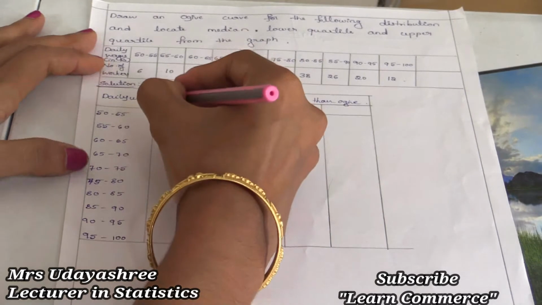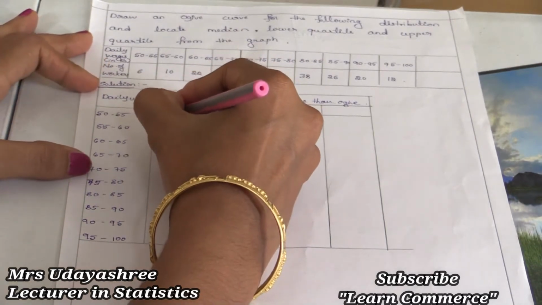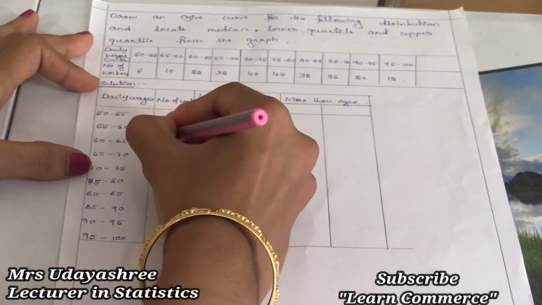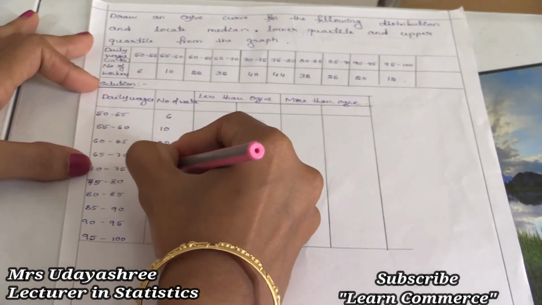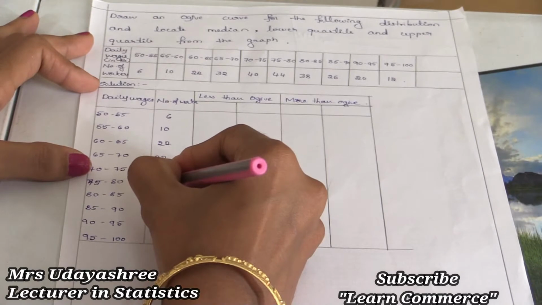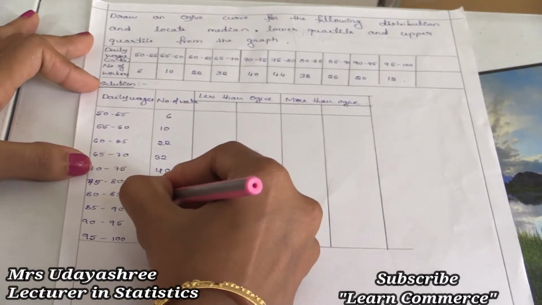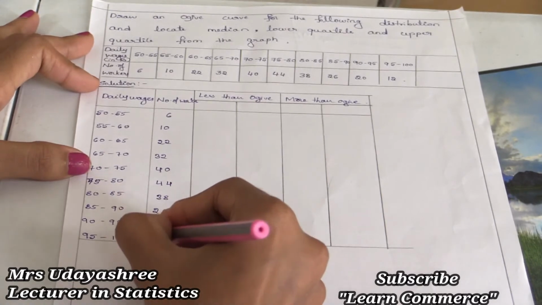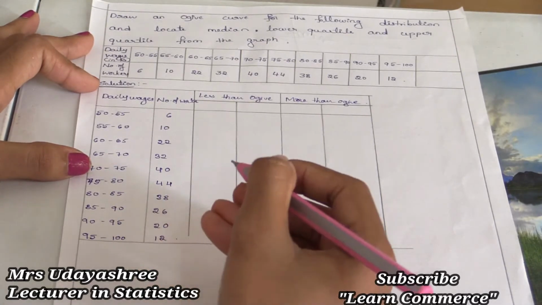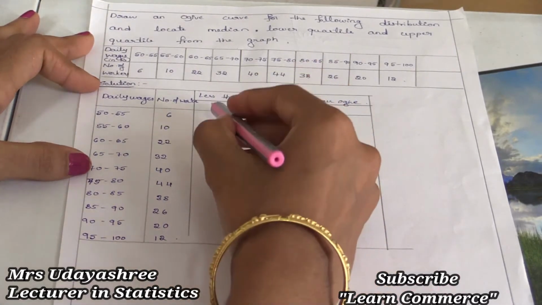The corresponding numbers of workers are 6, 10, 22, 32, 40, 44, 38, 26, 20 and 12. So next we need to construct the less than ogive.